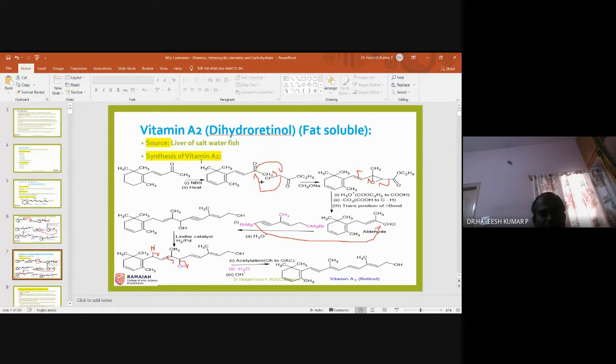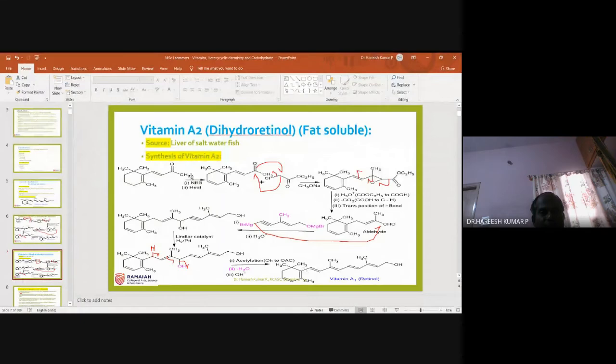The fishes present in lakes are called freshwater fish. The fish present in oceans are called saltwater fish. Only the saltwater fish contains dehydroretinol.